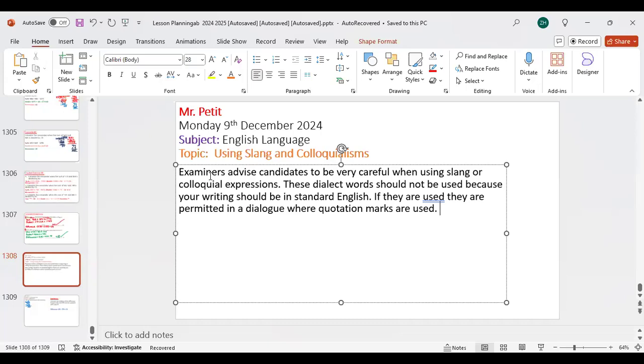If you are telling a story about two Bahamians who live in Freeport, and you want to talk about the conversation they had between one another, you could use dialect, but it has to be in quotation marks. If you're writing a normal essay, you don't need that unless you're using it for some sort of fact, and it should be used sparingly.